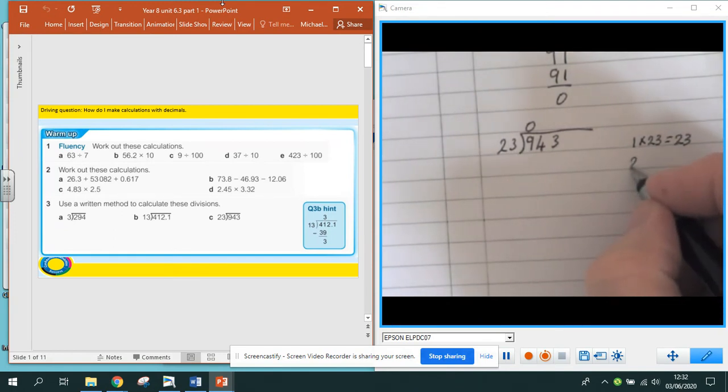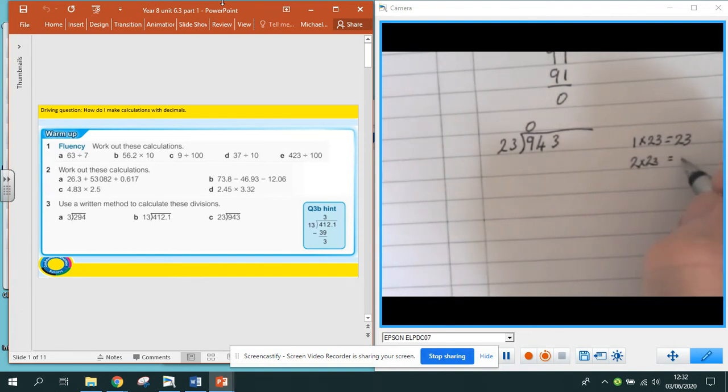I know what 2 times 23 is, because I can double it. That gives me 46. I can work out 3 times 23 by adding these two numbers together, and that will give me 69.